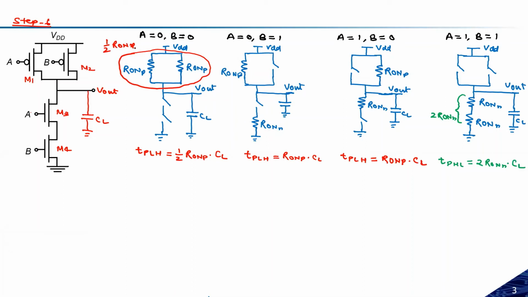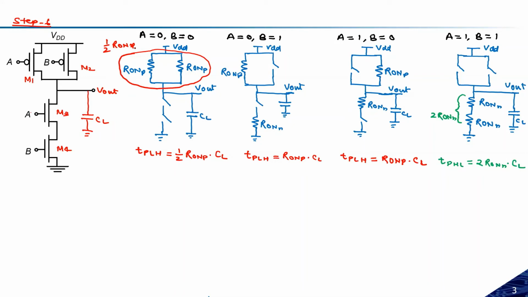Now the important thing to consider here is that the mobility of electron is twice that of the hole. For simplicity, it is approximately 2.25 to 2.5 times, but let us consider the mobility of electron to be double that of the holes.